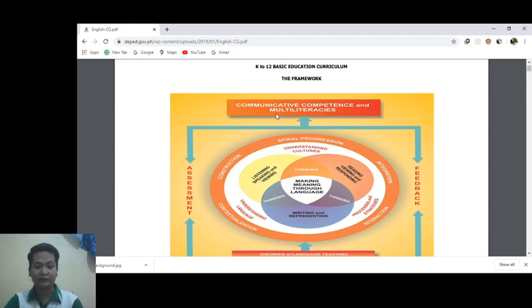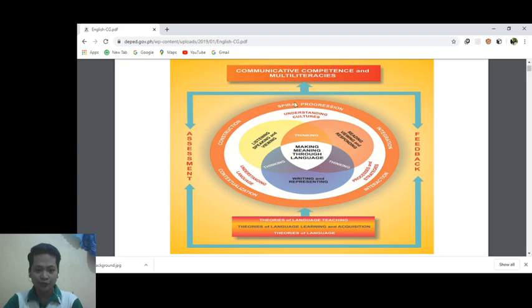Later on, I'll present the definition of the two terms. I want you to look at the circle. The outer circle shows the components. We have 5 components: spiral progression, integration, interaction, contextualization, and construction.